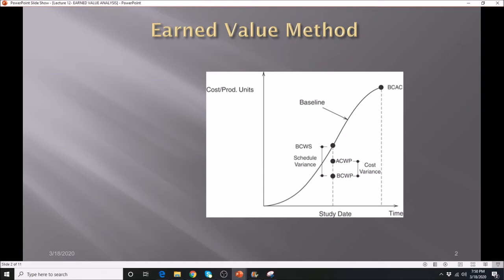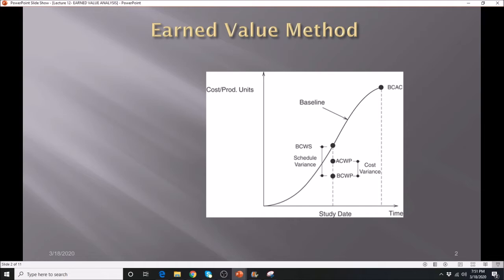The baseline is actually the original schedule that we develop at the beginning, based on the estimate that we use for the bidding, and we compare that to the ongoing construction of the project. So we compare those two and we will see the variance or the status of the project as compared to what we ideally created at the beginning. So that's pretty much the earned value analysis.